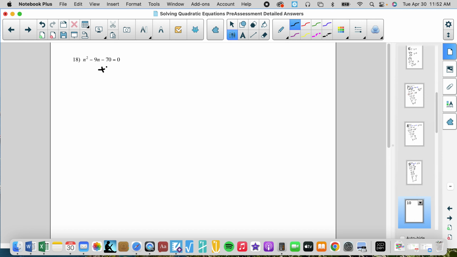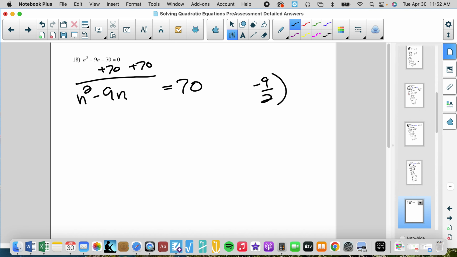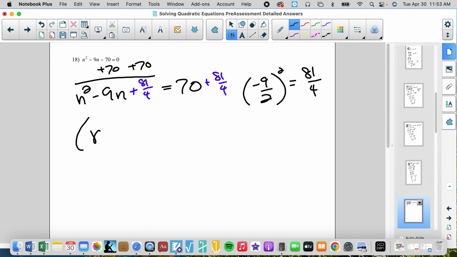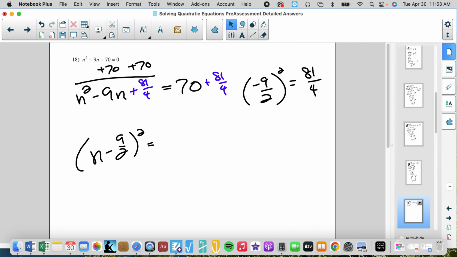We're going to add 70 to both sides. You get n squared minus 9n equals 70. We're going to take half of our b value and square it, which gives us 81 fourths. So we're going to add 81 fourths to both sides. This becomes n minus 9 halves squared equals, well, let's move that down again.